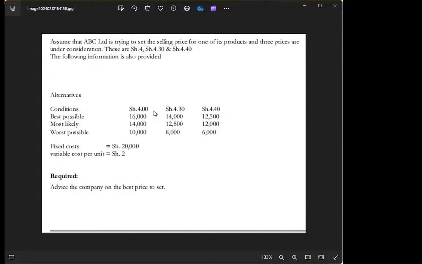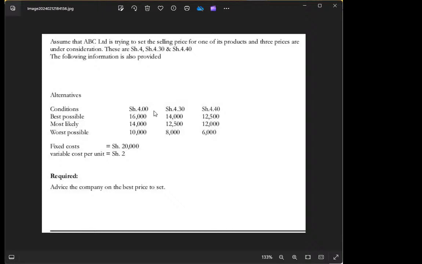Under the best possible condition, they are able to sell 16,000 units should they set their selling price at 4 shillings. Under most likely, they are able to sell 14,000 units at 4 shillings, and worst possible, 10,000 units.